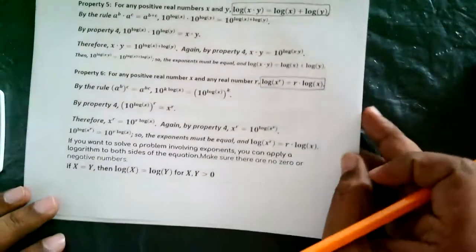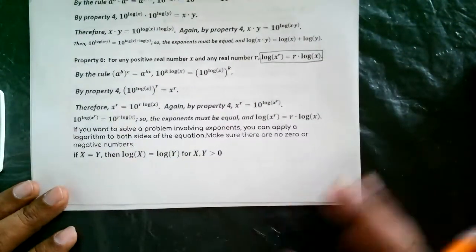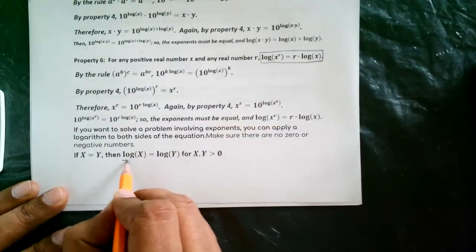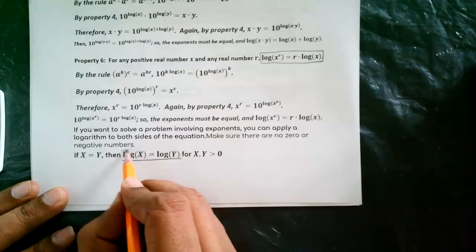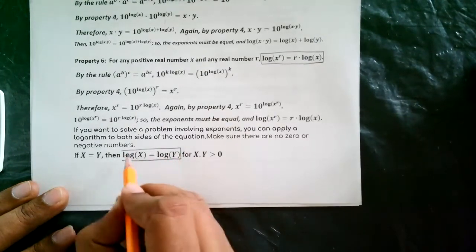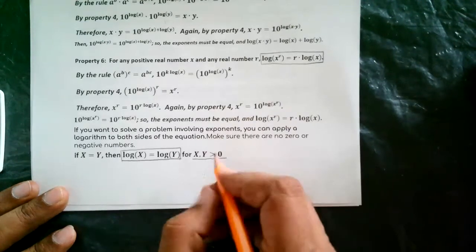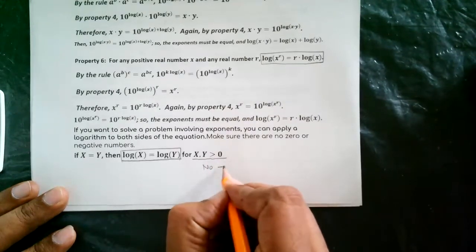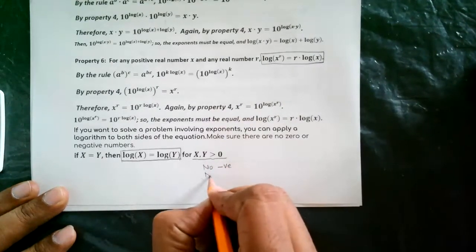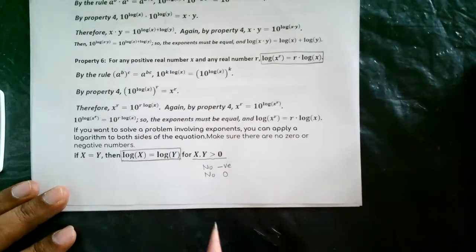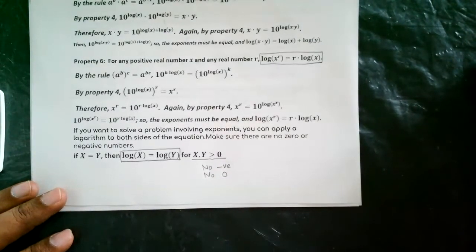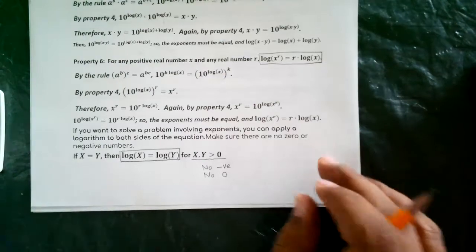And the final thing, which is also very important, is that you can take the log on both sides, provided a big condition, x and y are both positive. No negative number and no 0. Okay, so these two conditions have to be met and you can take log on both sides.